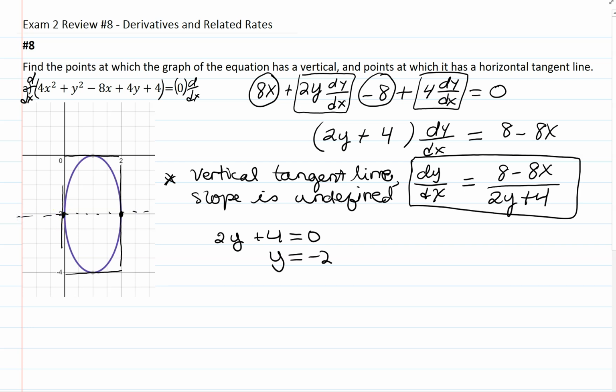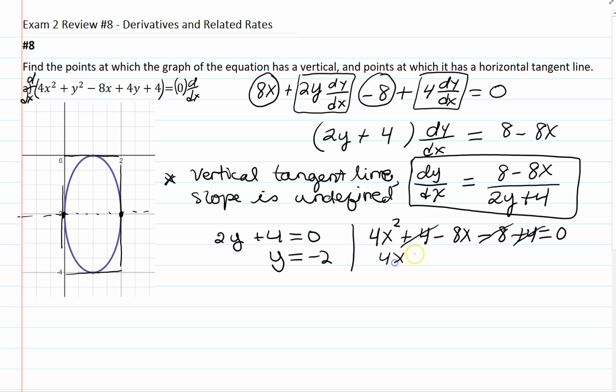Usually our answer is in terms of x, so we'll go ahead and plug y equals -2 into the equation. We have 4x squared plus 4 minus 8x minus 8 plus 4 is equal to 0. And so we'll have -8 plus 8 is gone.